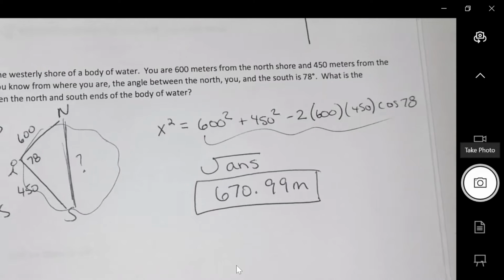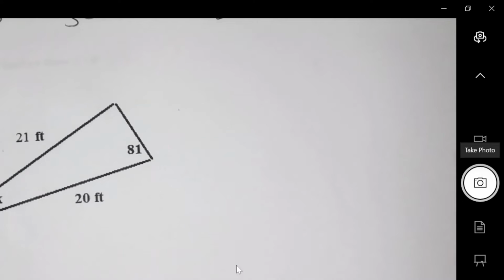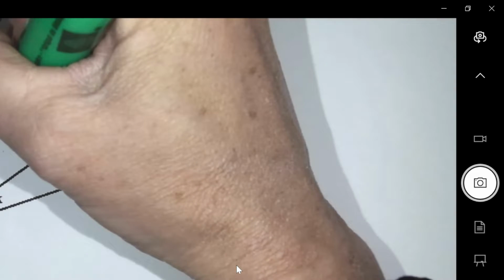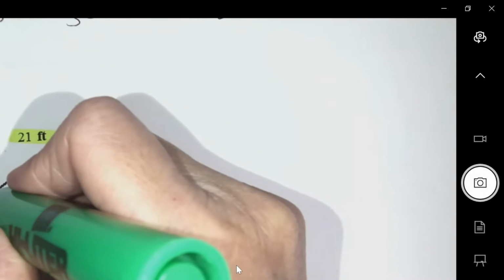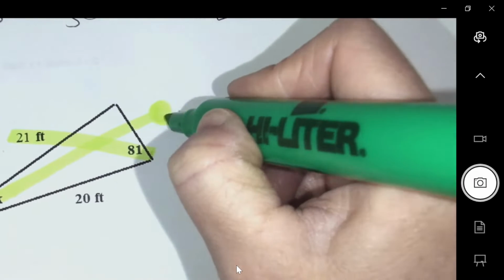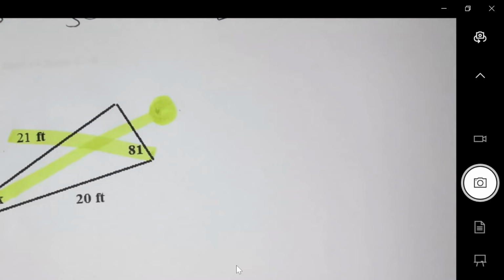Okay, number 3, solve for x. So, pairs, SAS, triple S. That's the first thing you're trying to look for all the time. So I have a pair. So sine law. As soon as I have a pair, it's the sine law. This is not really good because if I pair x up, there's nothing to pair it with, so that doesn't really work.